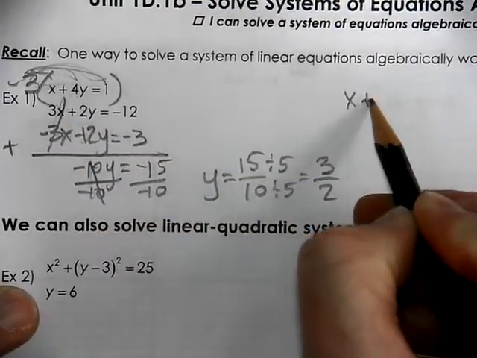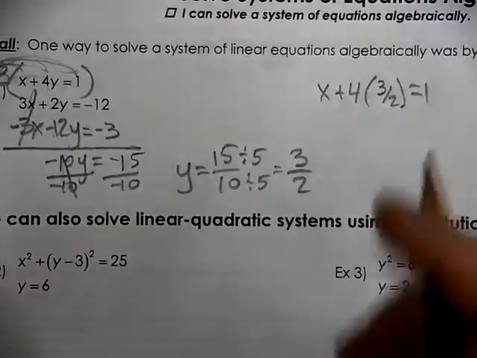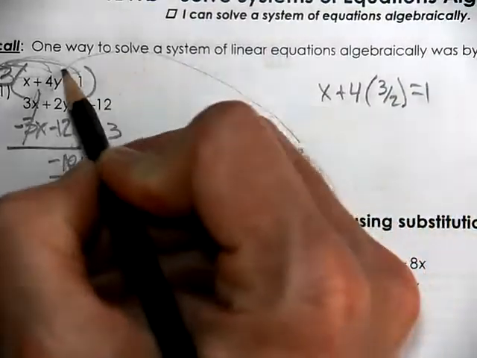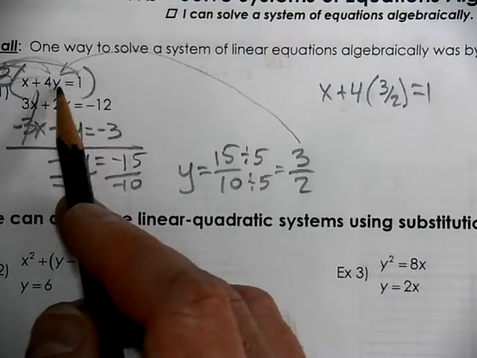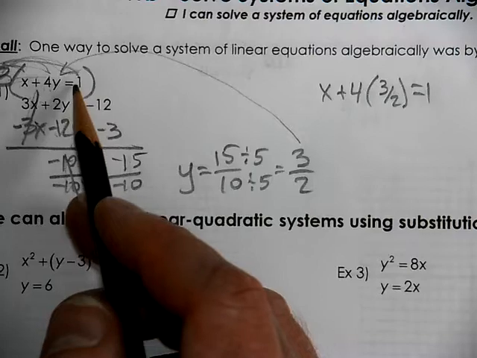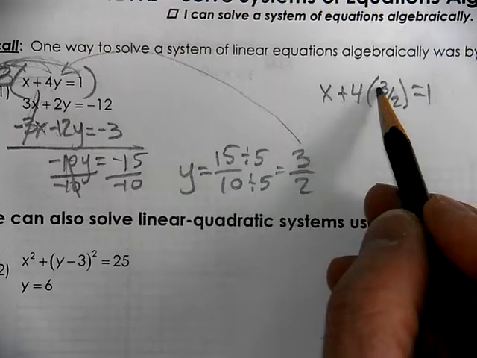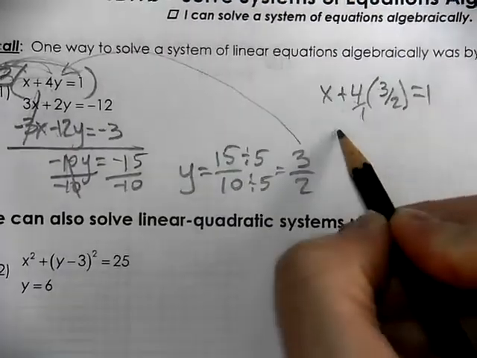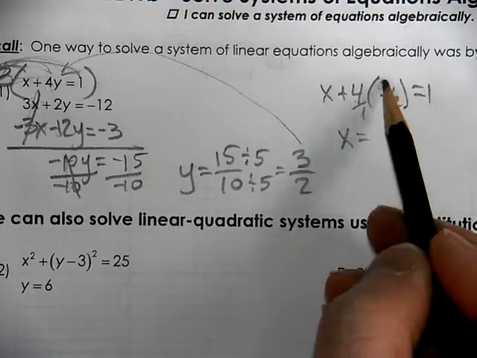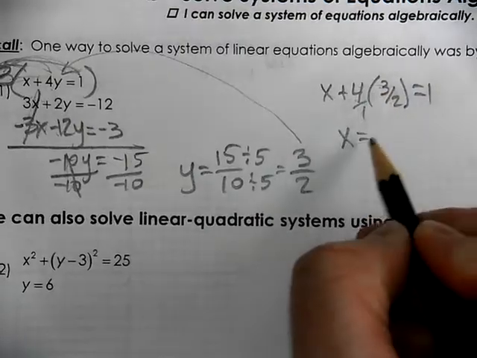So here we're going to say x plus 4 times 3 halves equals 1. We're going to substitute in this value into either one of the original equations. I chose to plug it into this equation because I thought it was a little bit easier. But how am I going to multiply 4 times 3 halves? If you want to write a fraction times a fraction, you put the 4 over 1. 4 times 3 is 12.